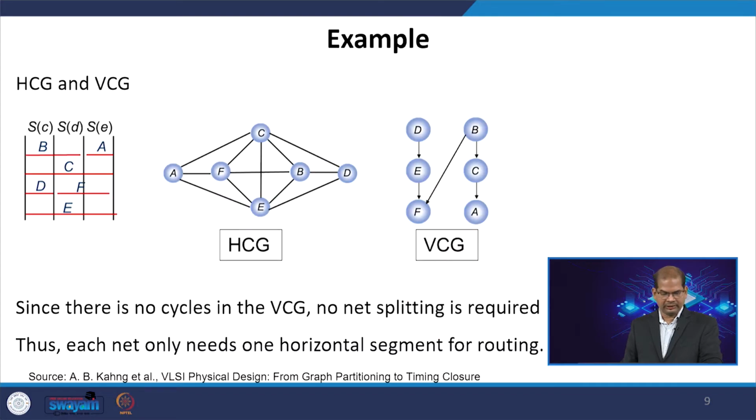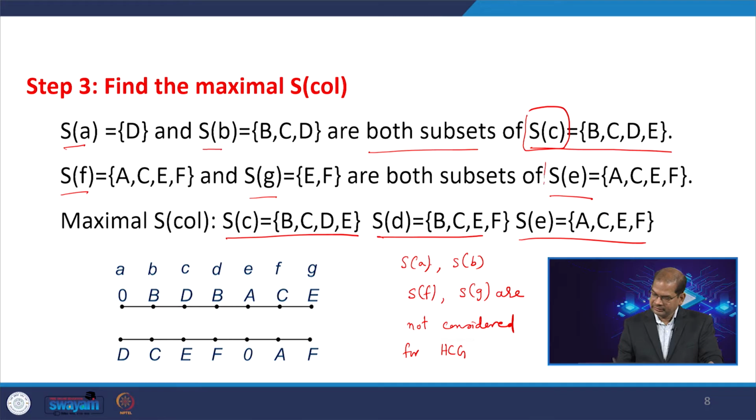Now, we are creating a diagram which depends only on S of C, S of D and S of E. So, these three: S of C, S of D and S of E.